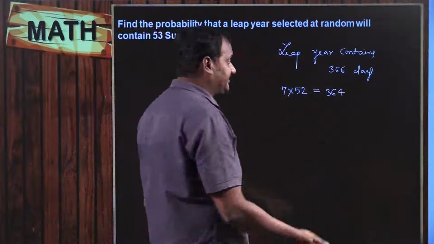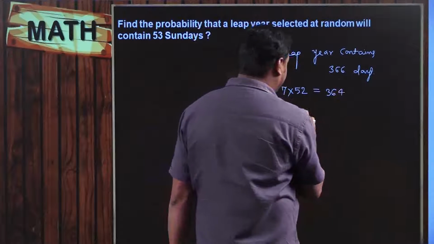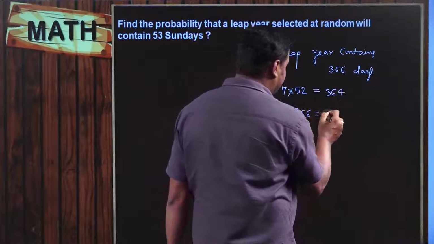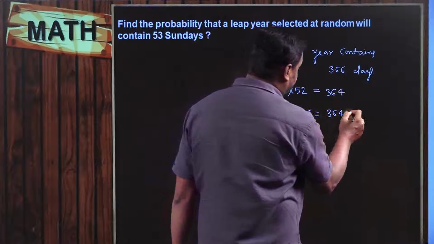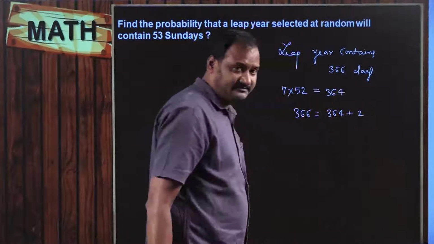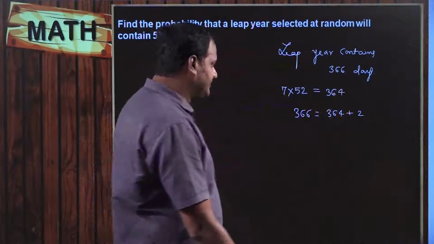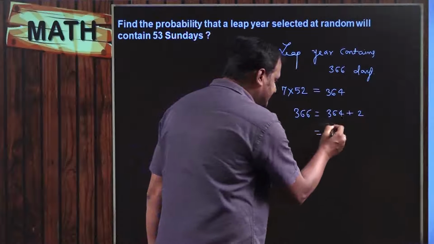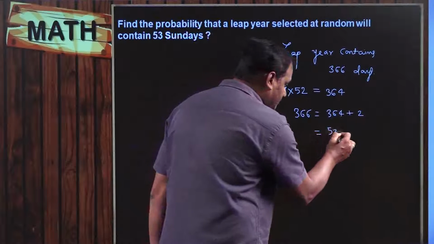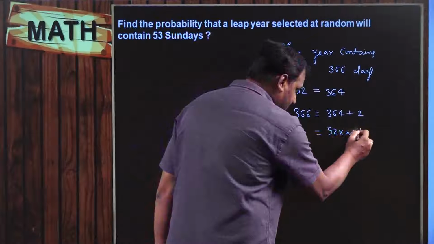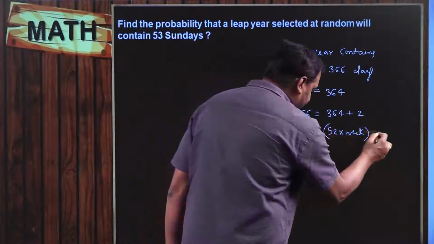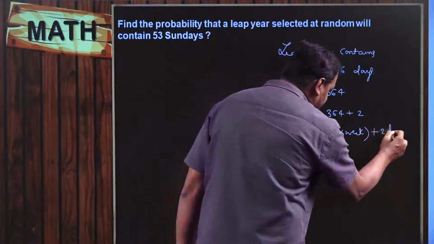So how many days are remaining? You can write 366 as 364 plus 2 days remaining. It means 366 days has 52 weeks and only 2 remaining days.